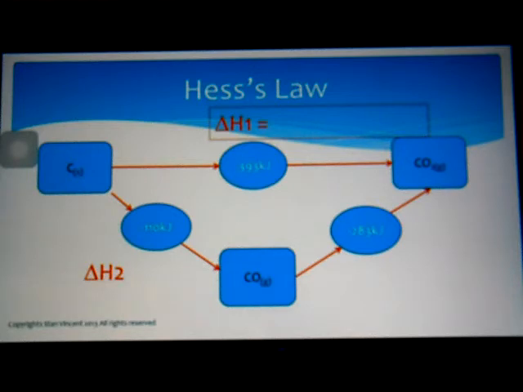Let delta H2 be the enthalpy change for the reaction in which you convert carbon to carbon monoxide. And delta H3 will be the enthalpy change for converting carbon monoxide to carbon dioxide, and delta H1 is equal to delta H2 plus delta H3. So mathematically this is true. So we can use the concept of Hess's law to determine the enthalpy changes of reactions which we normally cannot perform in a lab environment.